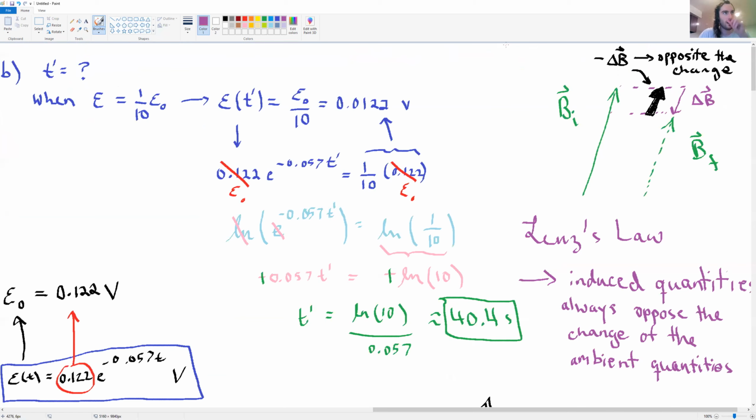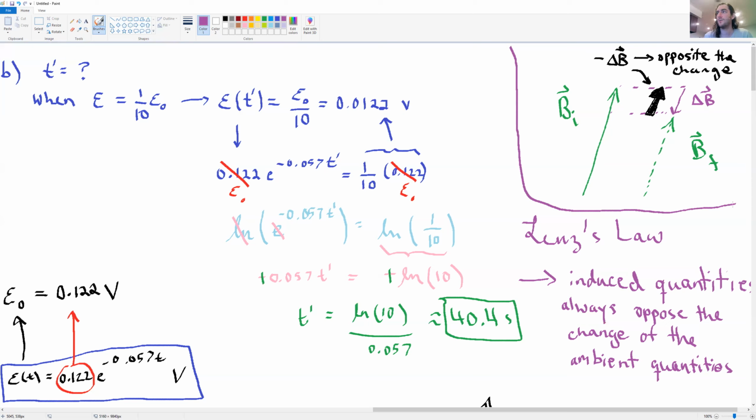Just study this bit right here. And then after you study that by itself and understand why that is the case, go and apply it to a couple problems in the Lenz's law section to make sure that you have the understanding and can also get a correct answer there.